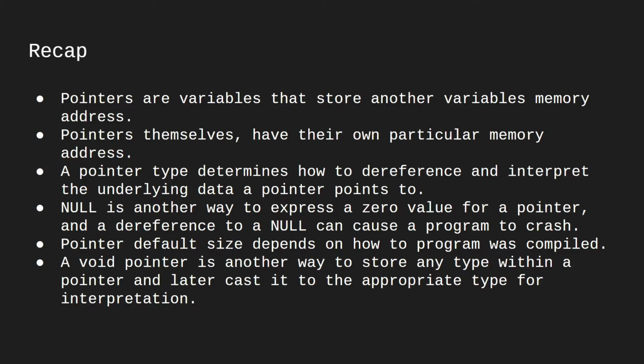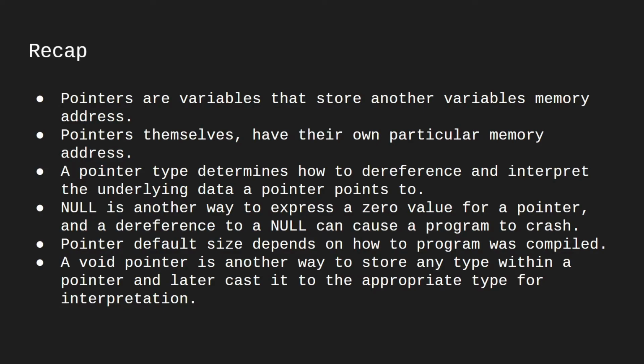So just make sure the pointer is the type that you expect. Null is another way to express a 0 value for a pointer, and dereferencing null can cause a program to crash. A pointer's default size will depend on how a program was compiled or what operating system you're using.